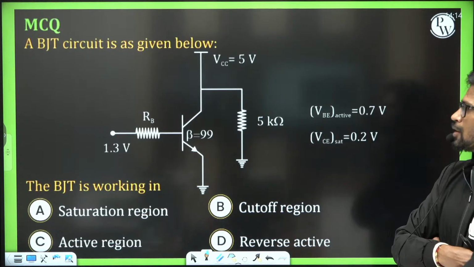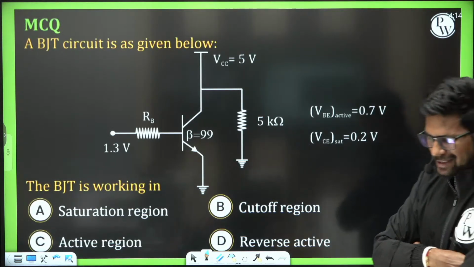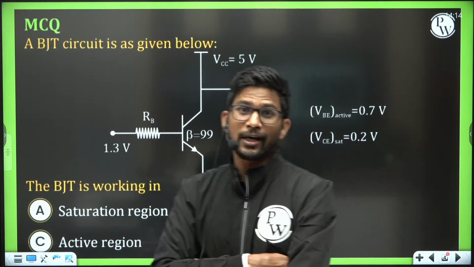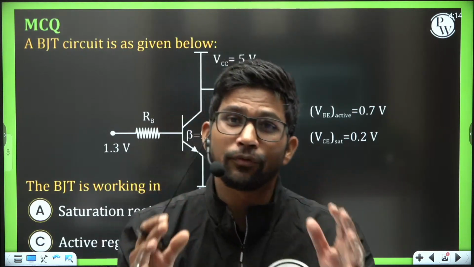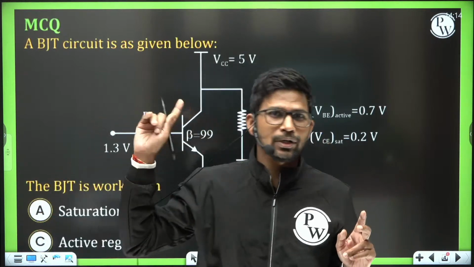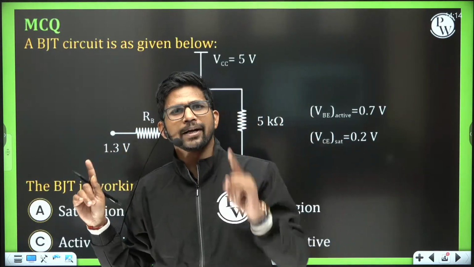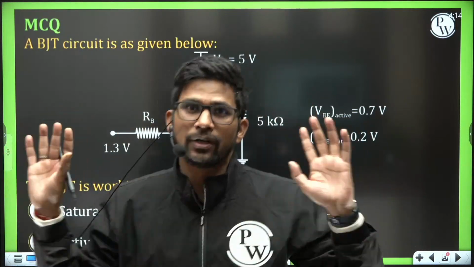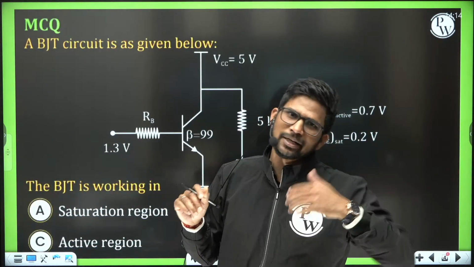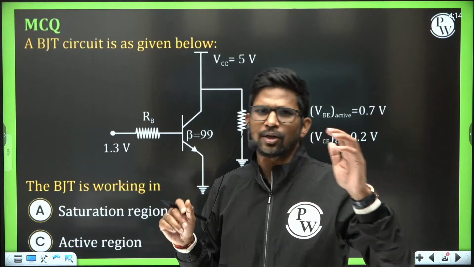Whenever you get a question on a BJT, you always try to find out first whether your BJT is in on condition or in off condition. Once you are sure that the BJT is off, then it is in cutoff region.